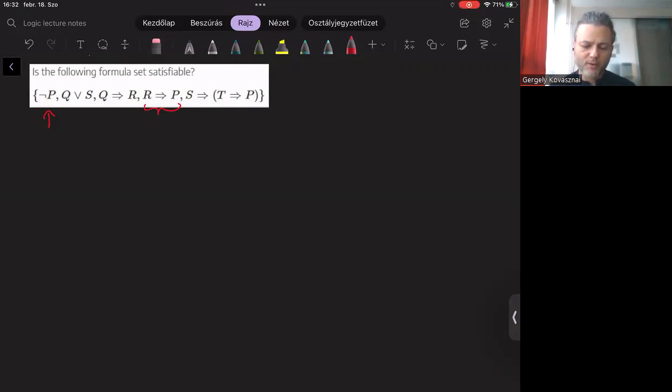This logical law is called contraposition. Sorry for my handwriting. Contraposition looks like that. If you have an implication A implies B, then this is equivalent with not B implies not A. So basically, you can flip the two sides of the implication and negate them at the same time.